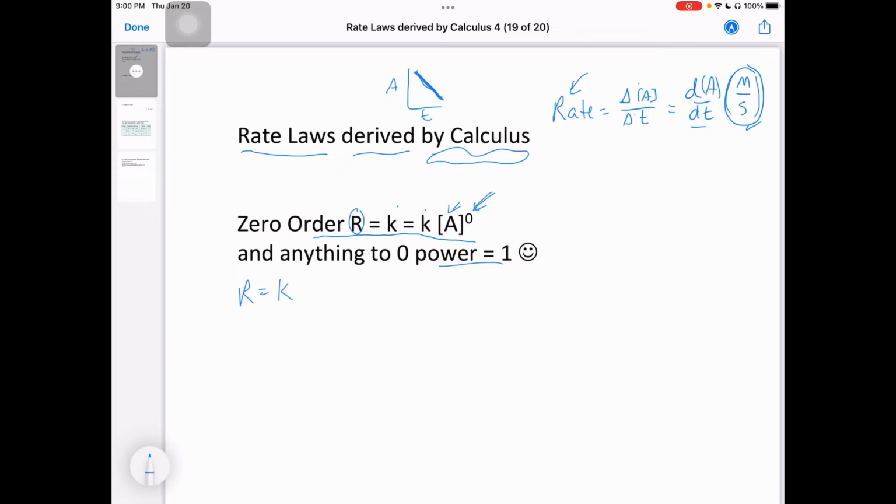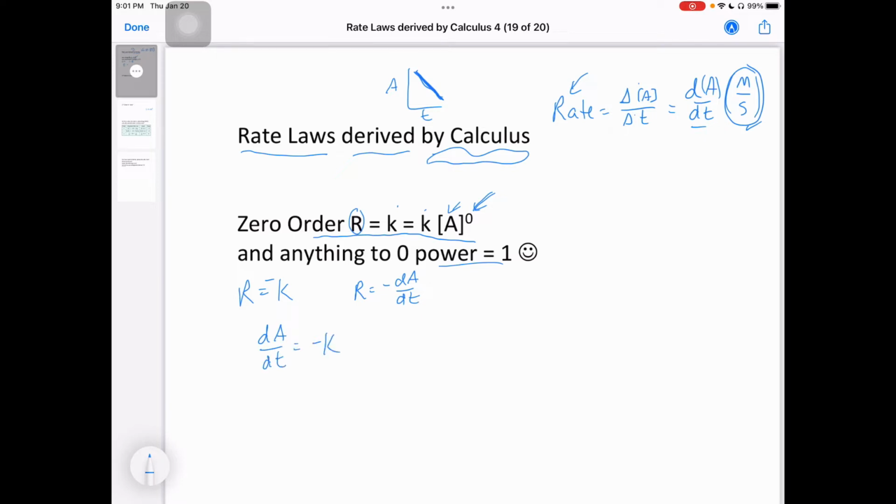So I'm going to say R equals negative K. So therefore, R equals negative dA dt. And that R is equal to negative K. So I could say negative dA dt equals K, or I can say dA dt equals negative K.